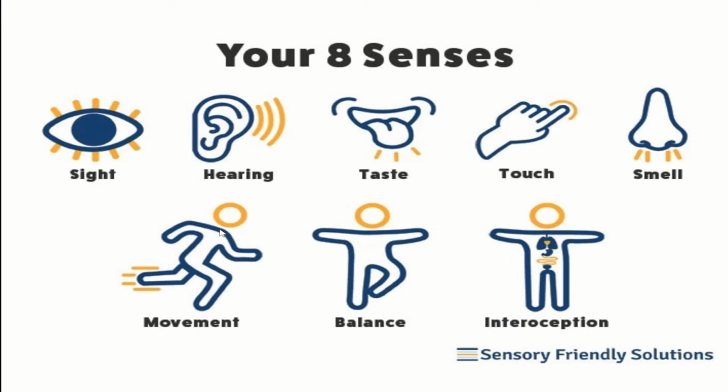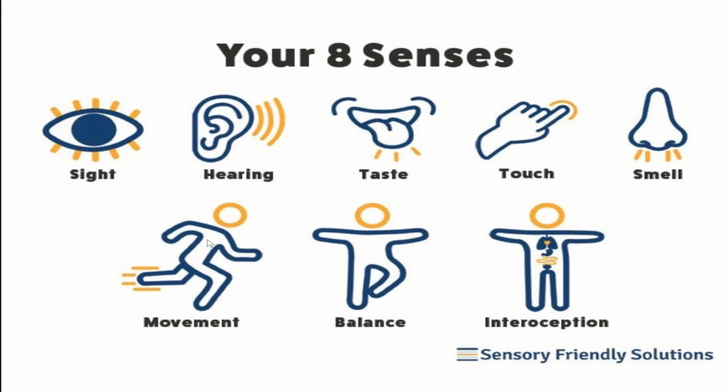So those receptors make up the 8 different senses that we have. So you are probably familiar with the top 5, the idea of sight, sound, taste, touch, smell. All of those are pretty common senses that we talk about a lot. And then we also have our sense of movement, so our ability to gauge where we are in space as we move. We have balance, making sure that we're not falling down all the time.